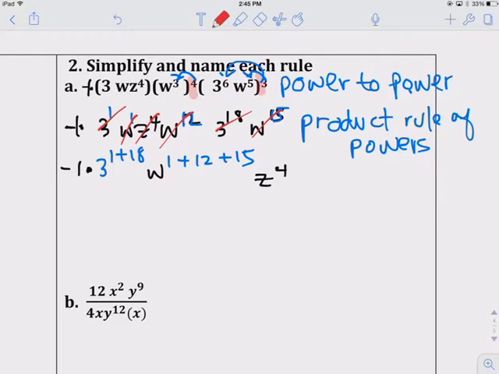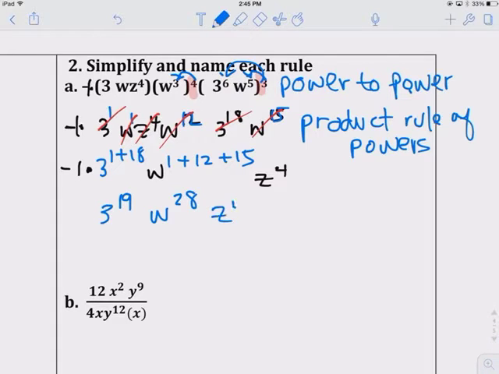Okay, so we get 3 to the 19th power, w to the 28th power, right?